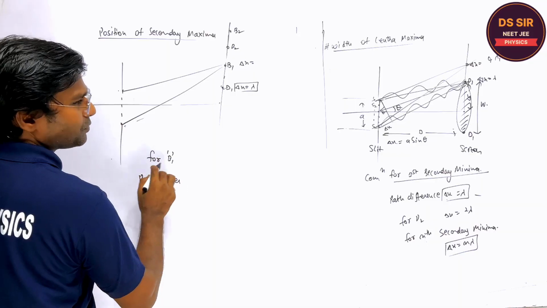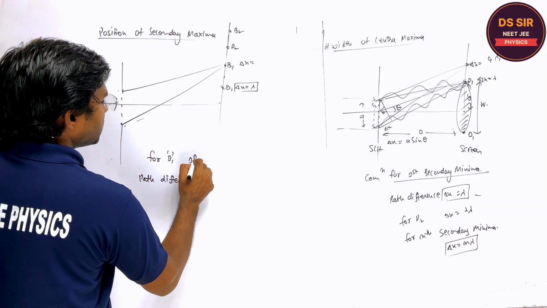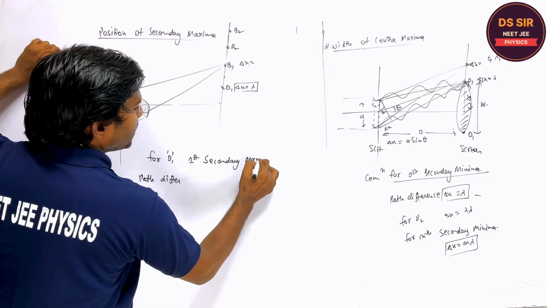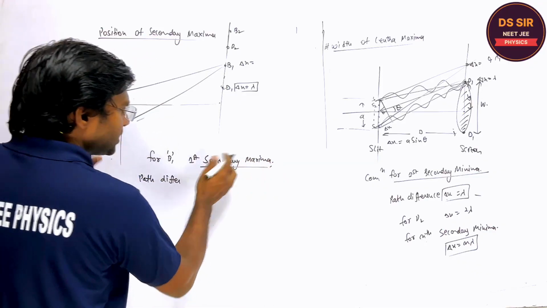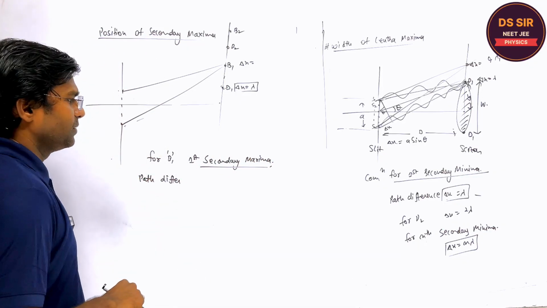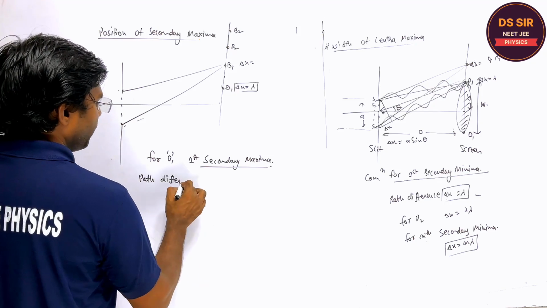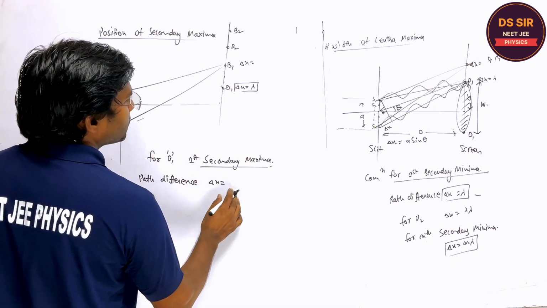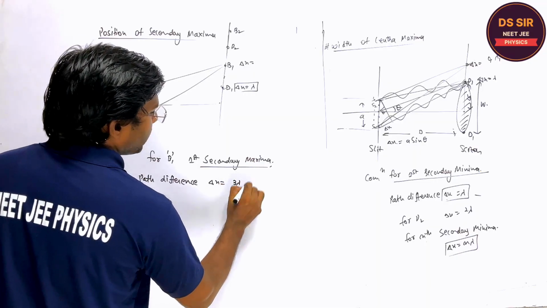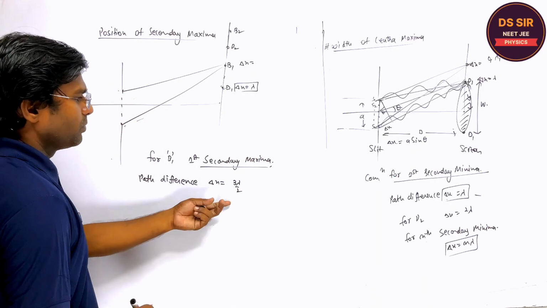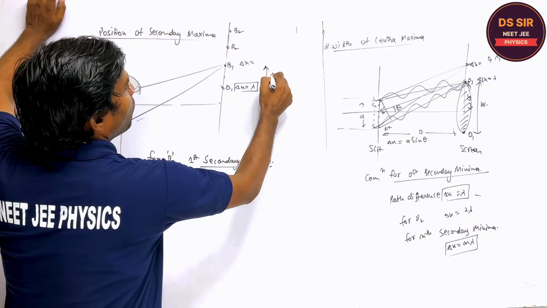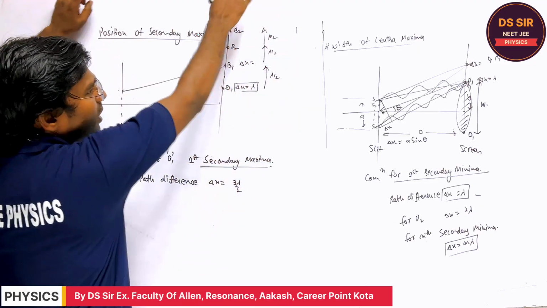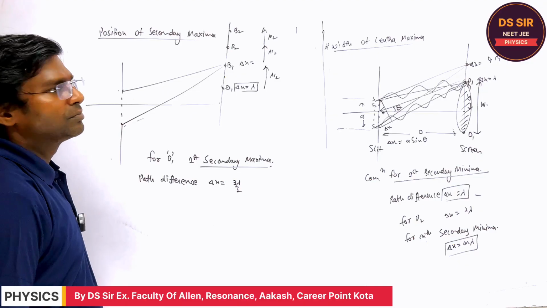The path difference for B1, the first secondary maxima, is the nomenclature, it is not fringe. It must be equal to 3 lambda by 2, because lambda by 2 will be added each time.